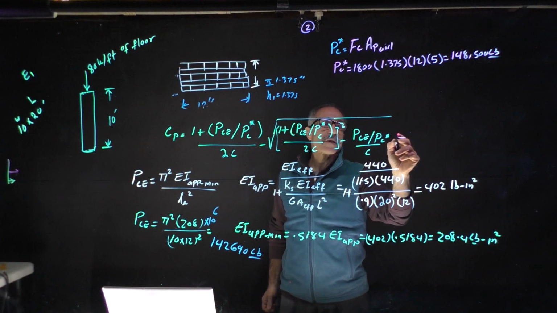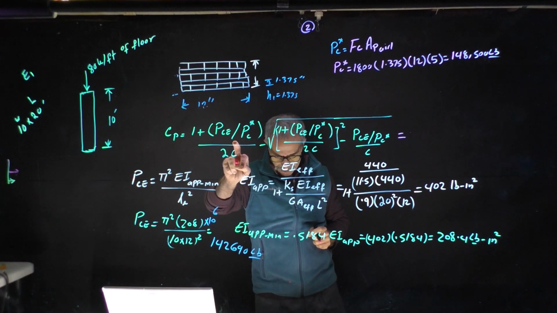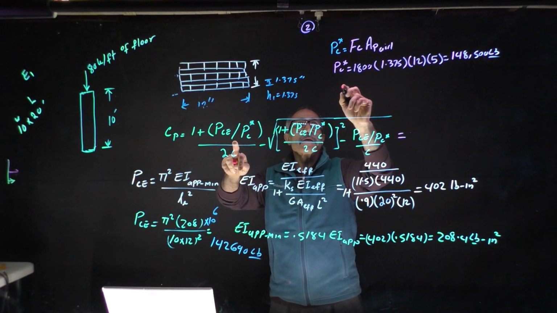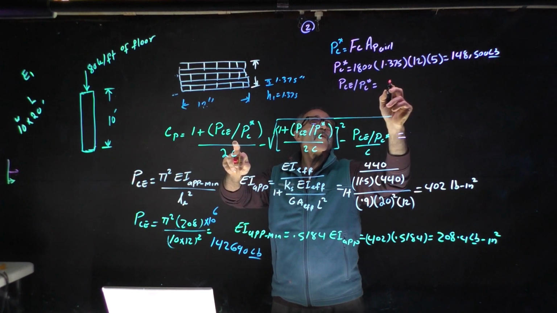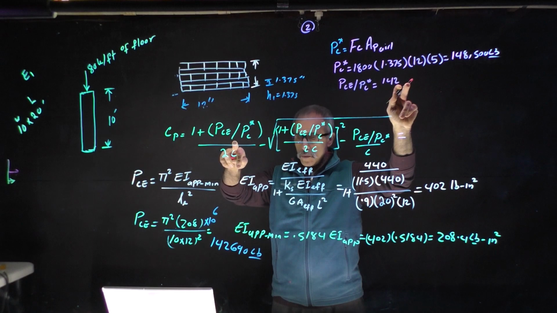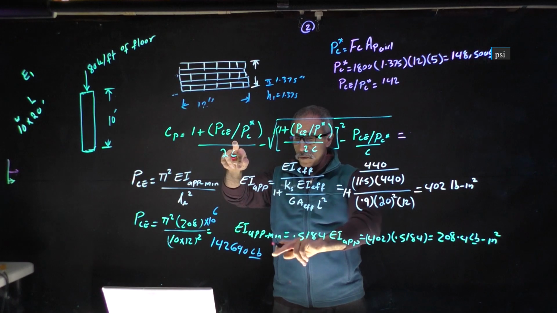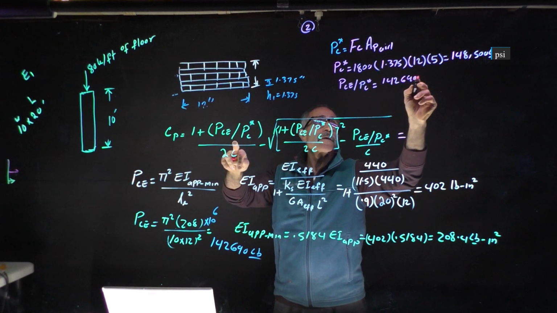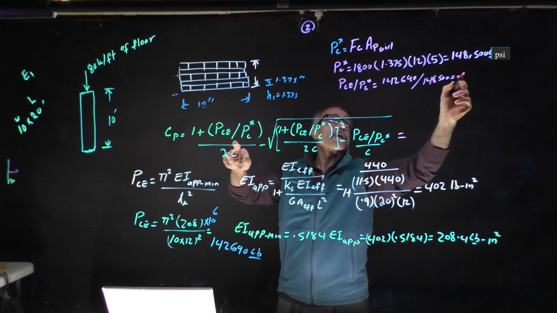So if I calculate all this stuff right here, PCE divided by P star comes out to 142,690 divided by 148,500, and that's 0.92.